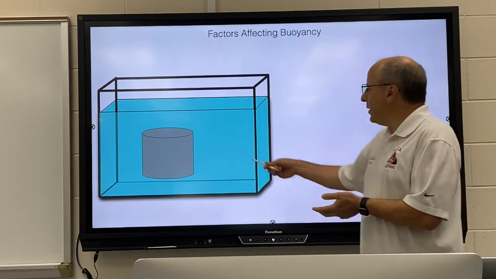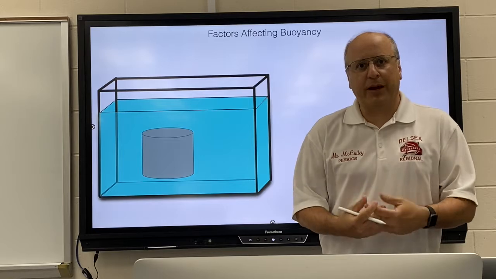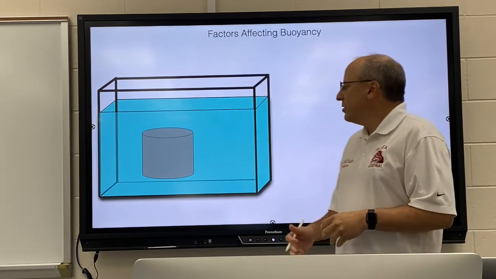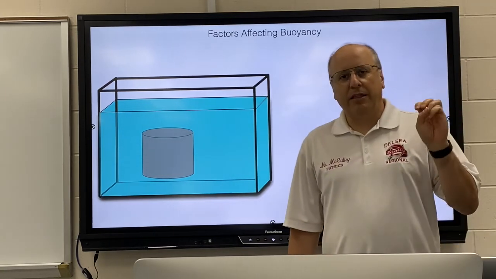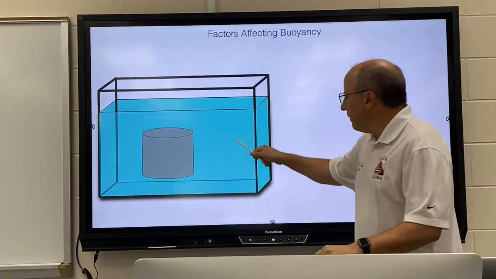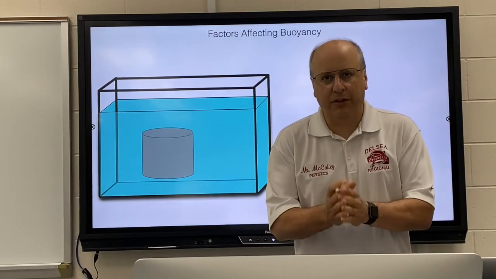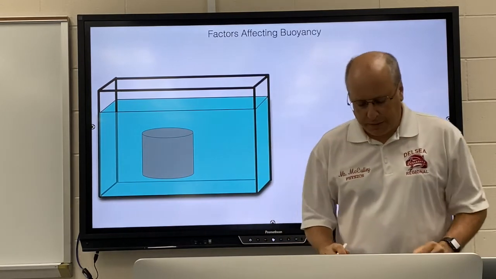Well, we saw that buoyancy was caused by fluid pressure, and fluid pressure is influenced by the planet's gravitational field. So we have density of the fluid, gravitational field, and the third factor is the volume of the object that is actually under the fluid. It's called the volume submerged.